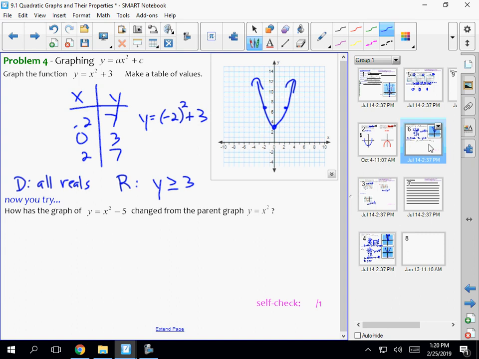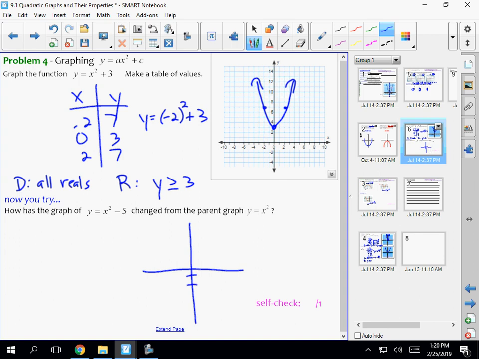Now, when you have a 1 for your A, and you're just adding or subtracting a number from it, they'll all kind of look like that parent graph, but just be shifted up or down. So you could really graph these with no table at all. For example, it says, how has the graph of y equals x squared minus 5 changed from the parent graph y equals x squared?